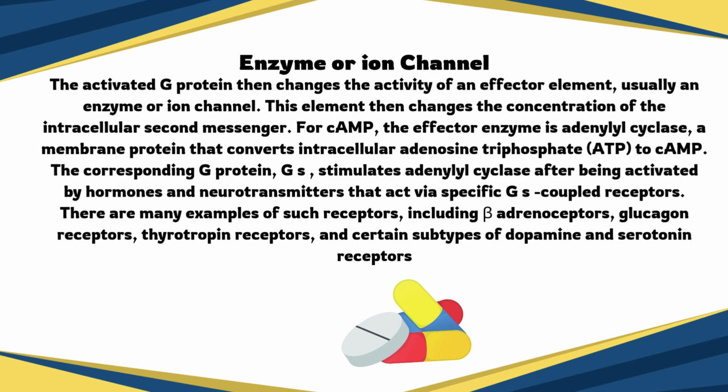The corresponding G protein, Gs, stimulates the adenylyl cyclase after being activated by hormones and neurotransmitters that act via specific Gs-coupled receptors. There are many examples of such receptors, including beta adrenoceptors, glucagon receptors, thyrotropin receptors, and certain subtypes of dopamine and serotonin receptors.